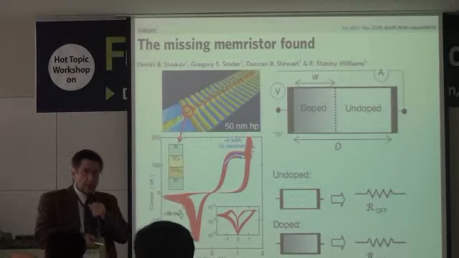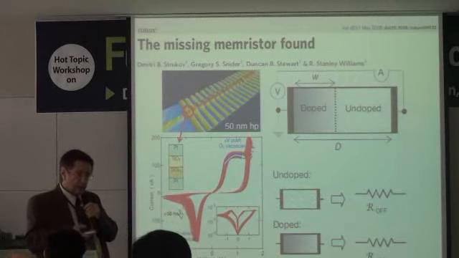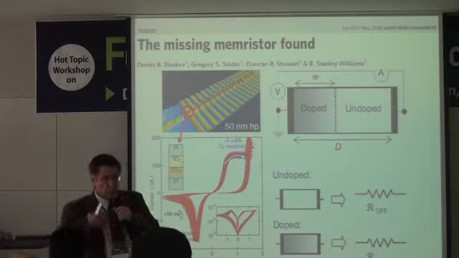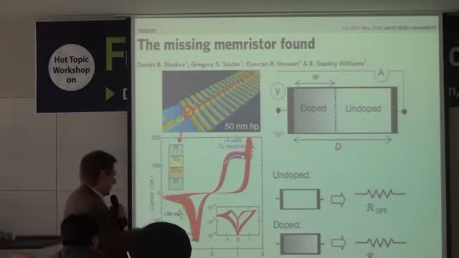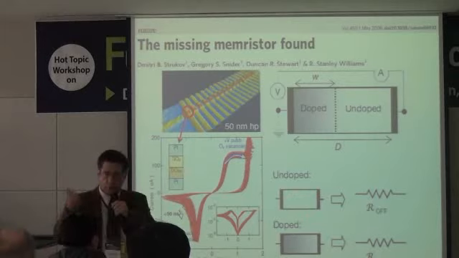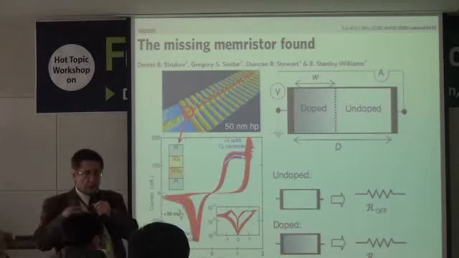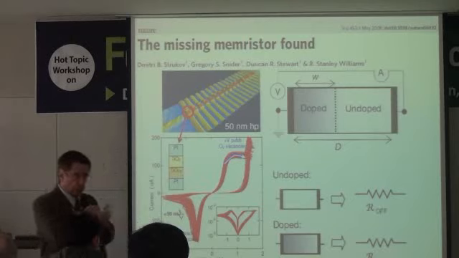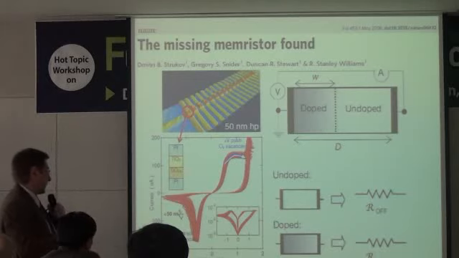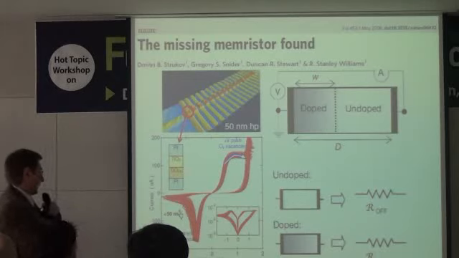And of course we need energy only for the movement of ions. If we keep the off state or on state, there are no ion movements and we need no energy to keep the state. This is a non-volatile element which will keep the on state or off state in memory.